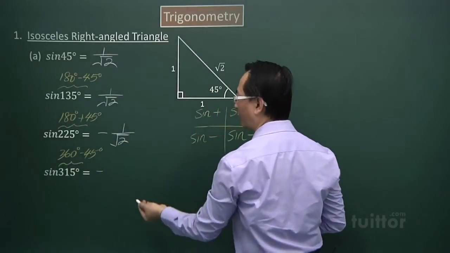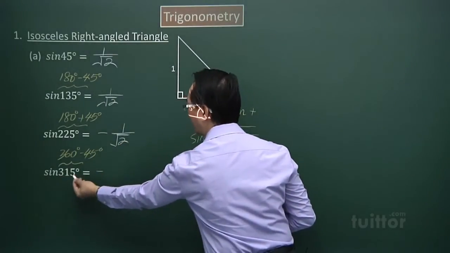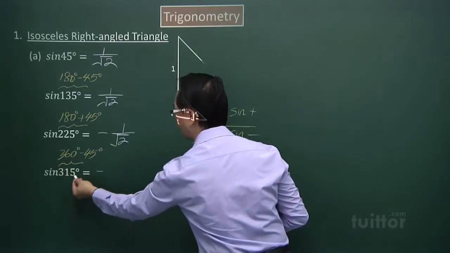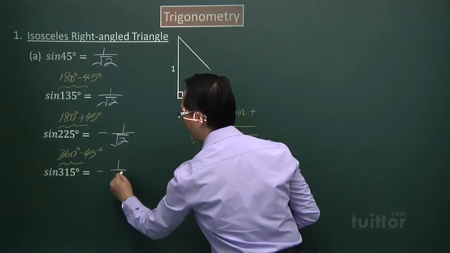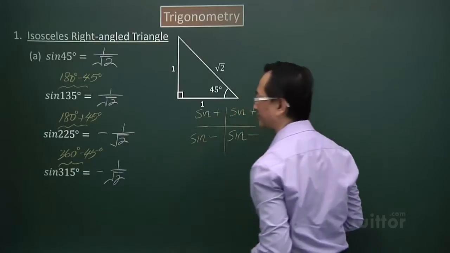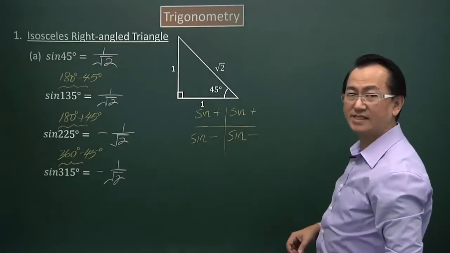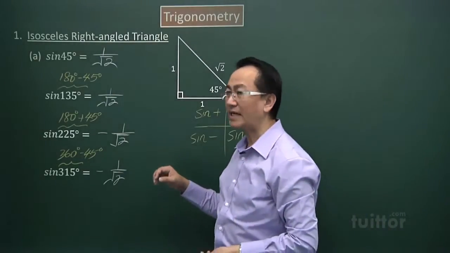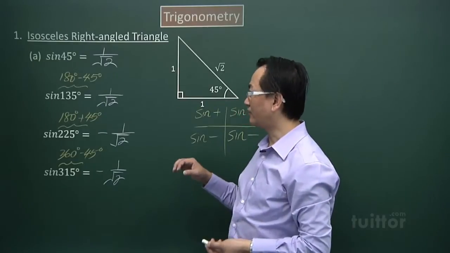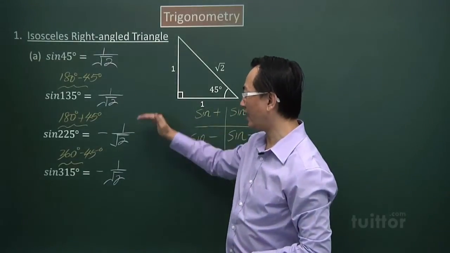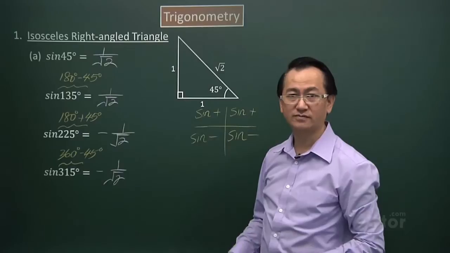Then for the fourth one, sine 315, because this is the fourth quadrant angle, sine value is negative. So you can see by taking the basic angle of sine, I can generate 3 other values.